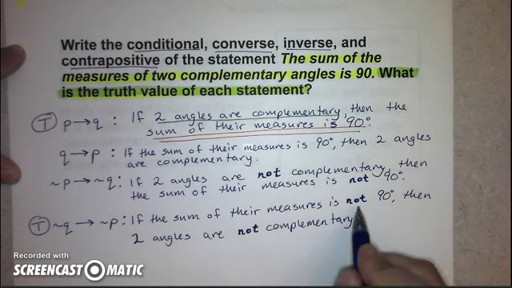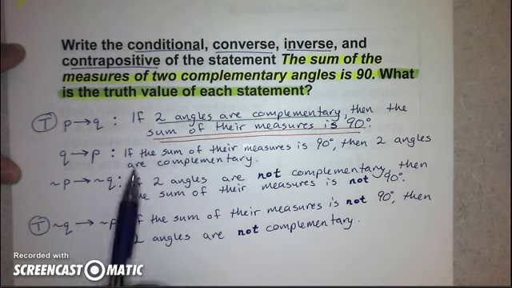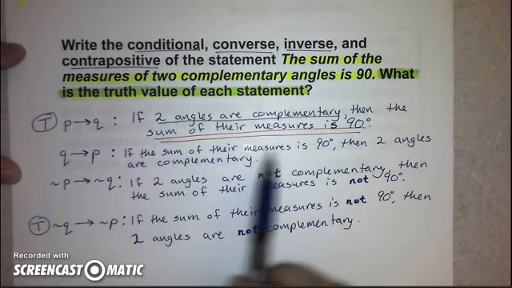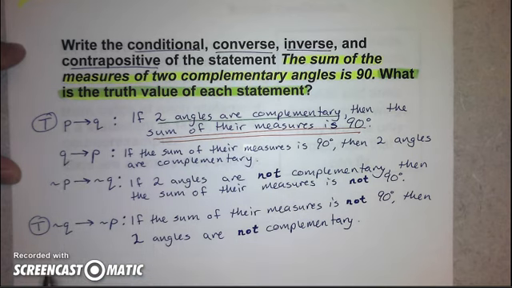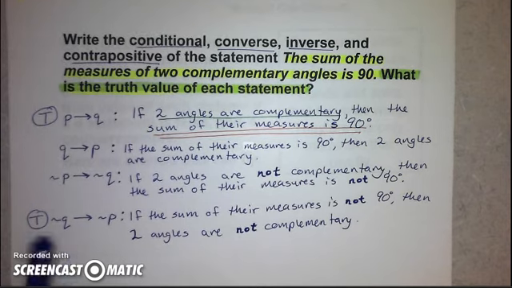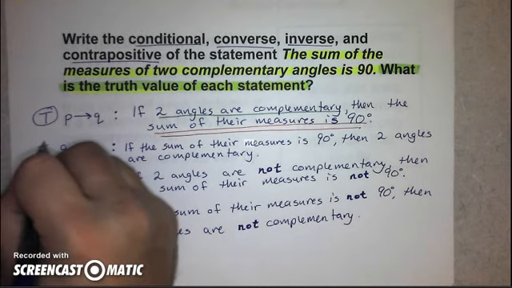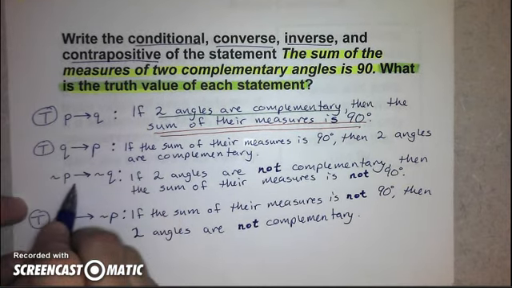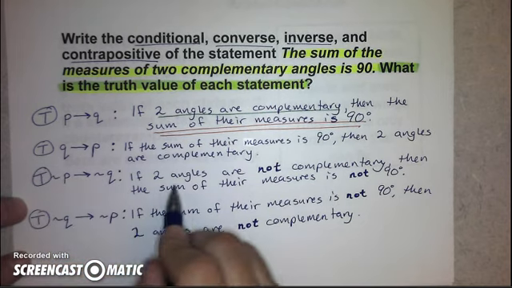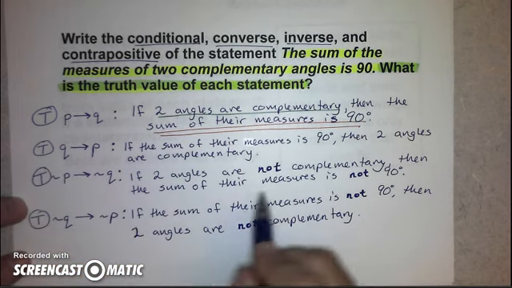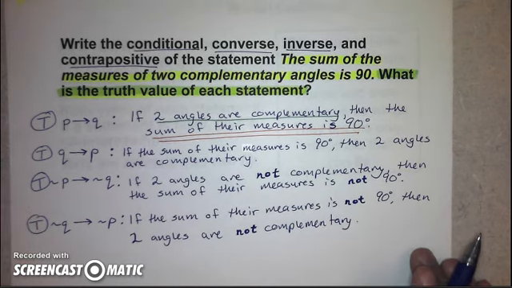If the sum of their measures is not 90, then they cannot be complementary. The middle statement, the converse: if the sum of their measures is 90, then the two angles are complementary, and that is also true. And since it's logically equivalent to the inverse, that is also a true statement. If two angles are not complementary, then the sum of their measures is not 90 degrees.